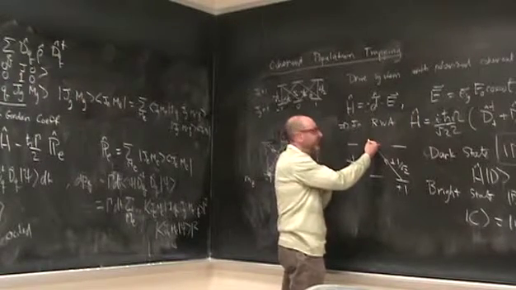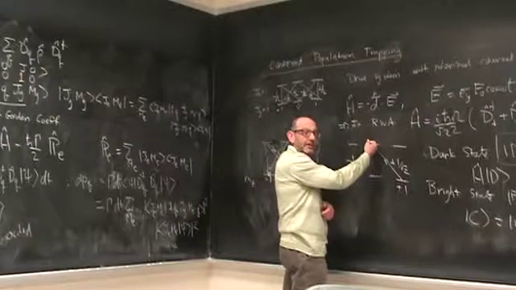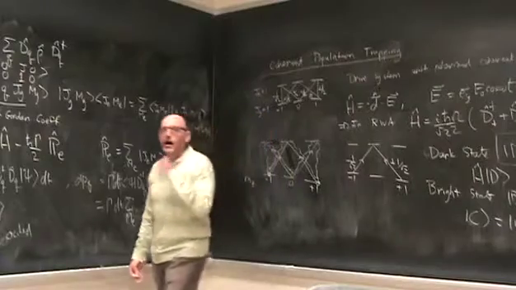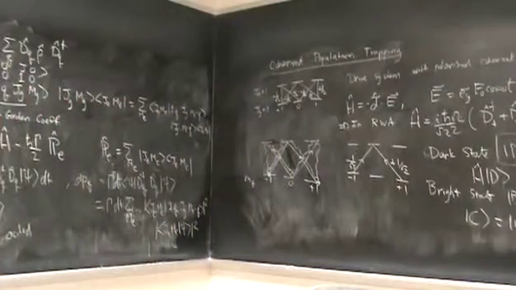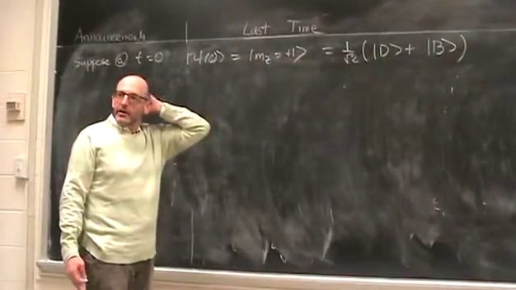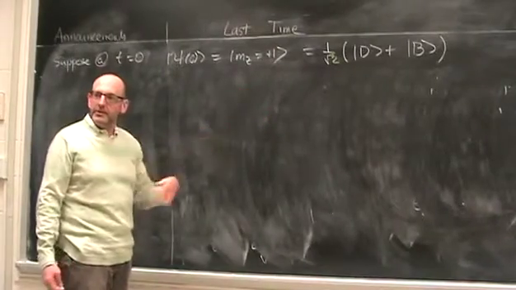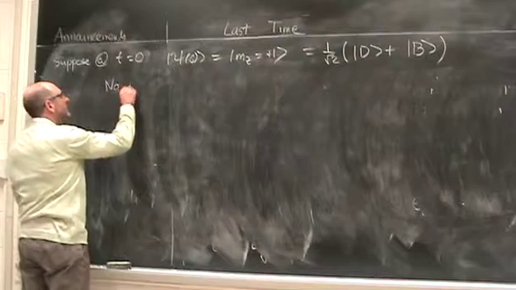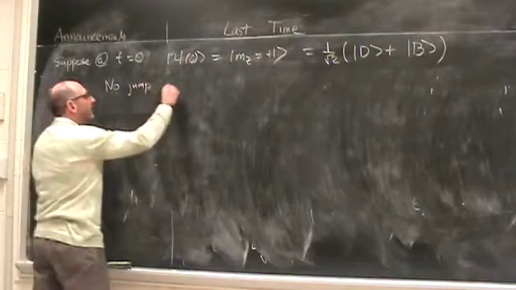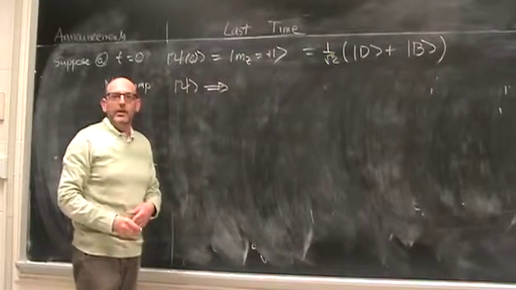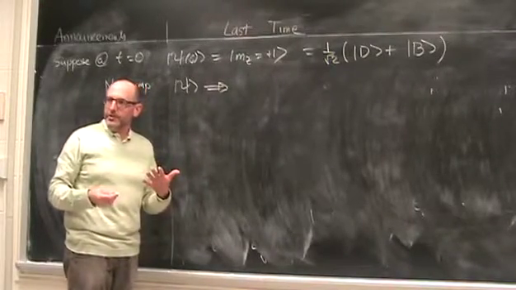In that interval, delta t, jump, no jump. And if in a given time interval we don't see a jump, then we update according to the non-Hermitian evolution.